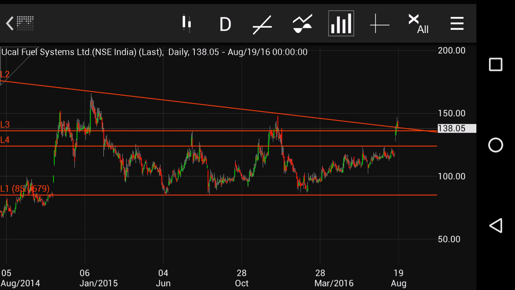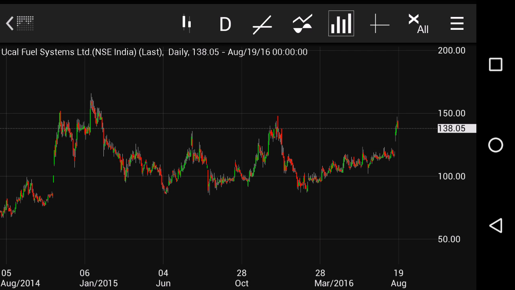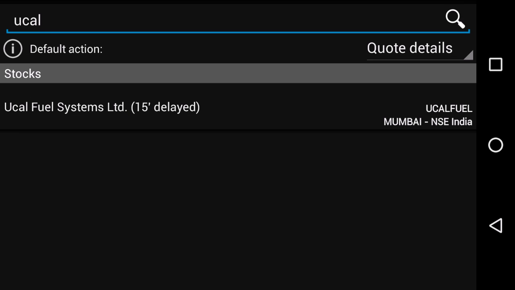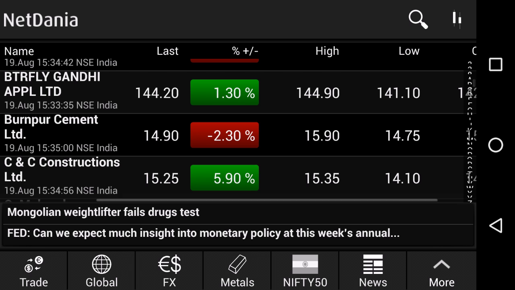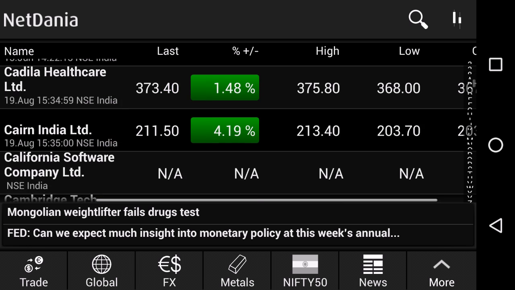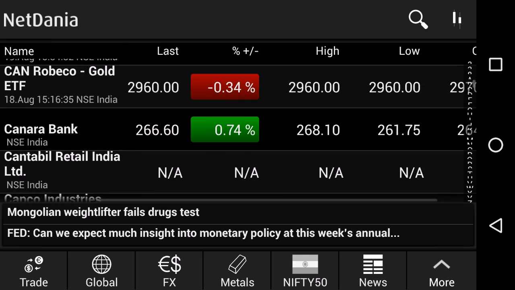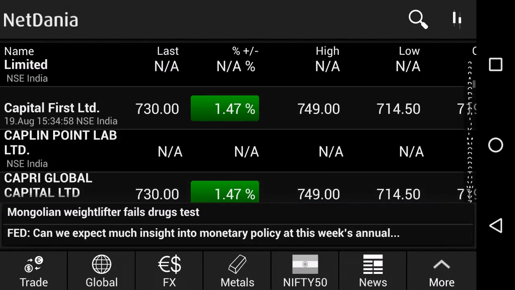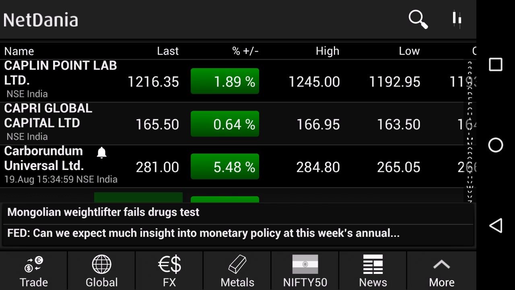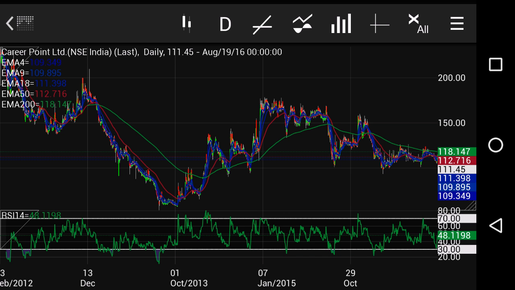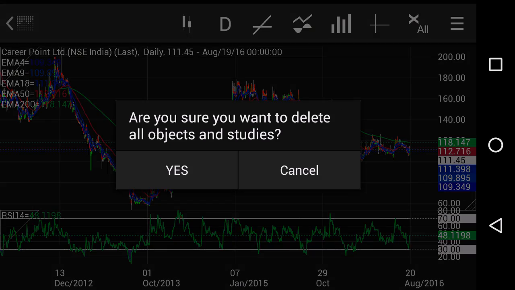We'll check some other stocks also. I will delete all this trendline so that next time we'll check a few other stocks. Just keep scanning them. I'll delete all the data.